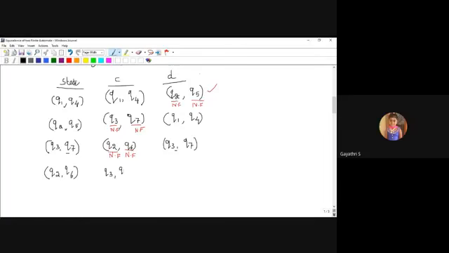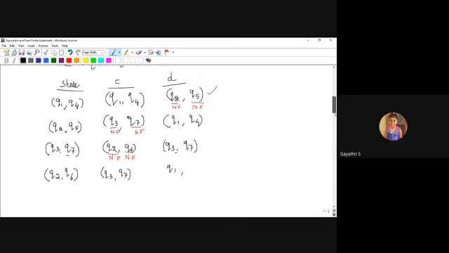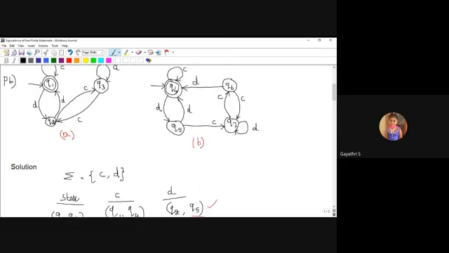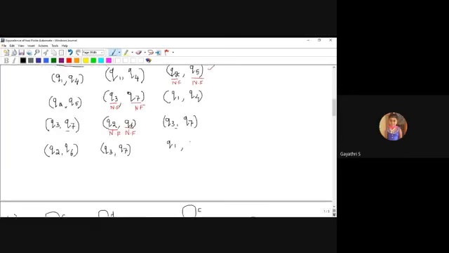This pair is already added. Next, Q2 on D goes to Q1. Then Q6 on D goes to Q4. This pair is also already added. No more new pairs here.